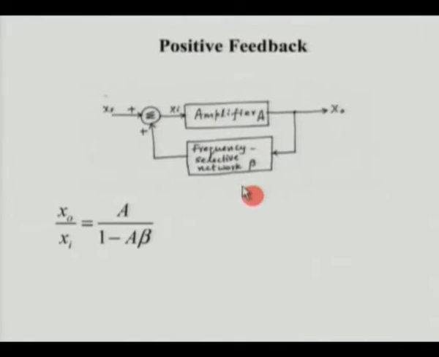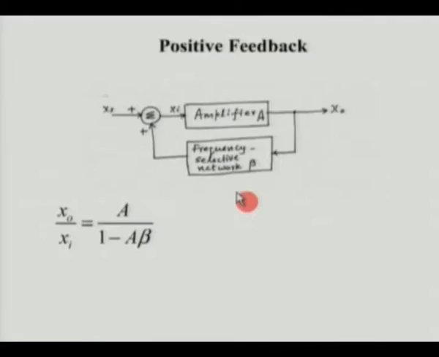So essentially you are not bringing any frequency dependent function there. So the beta, which you can think of as the transfer function of the beta network, is purely resistive and is real.